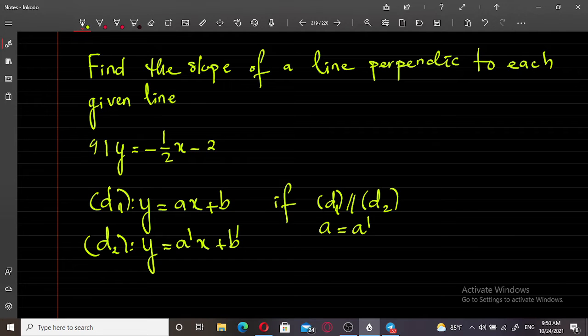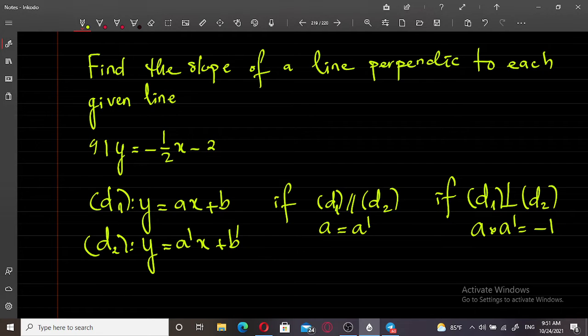And if d1 is perpendicular to d2, then we get a times a prime equal to negative 1. That means the slope of d1 times the slope of d2 equals negative 1.